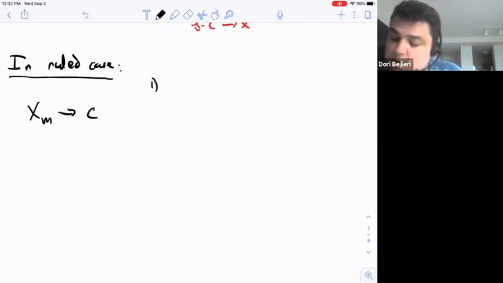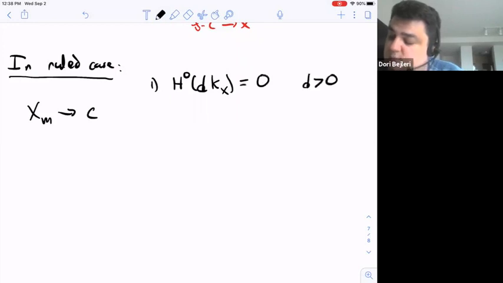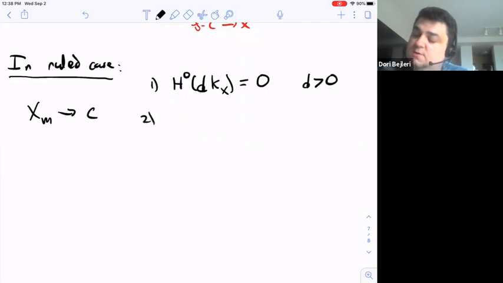Our first fact is that H0 of any multiple of the canonical divisor is actually 0 for any non-zero multiple. So there are no pluricanonical sections.